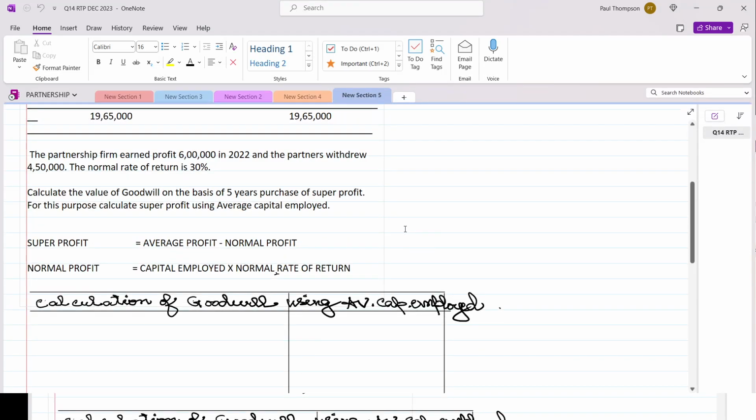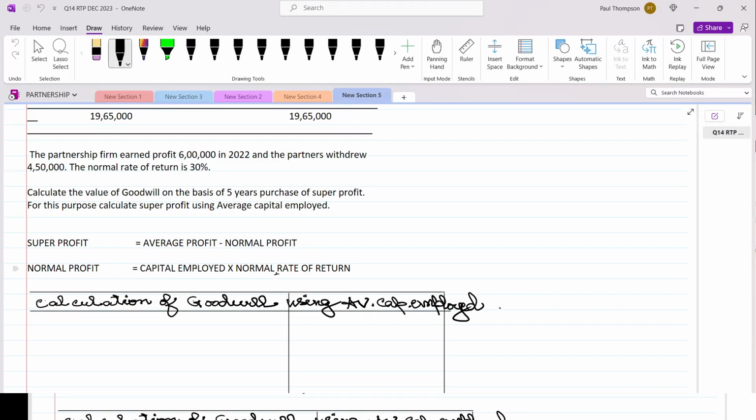I'll write it here. The average capital employed formula is, in short, average capital employed is equal to opening capital plus closing capital divided by 2.